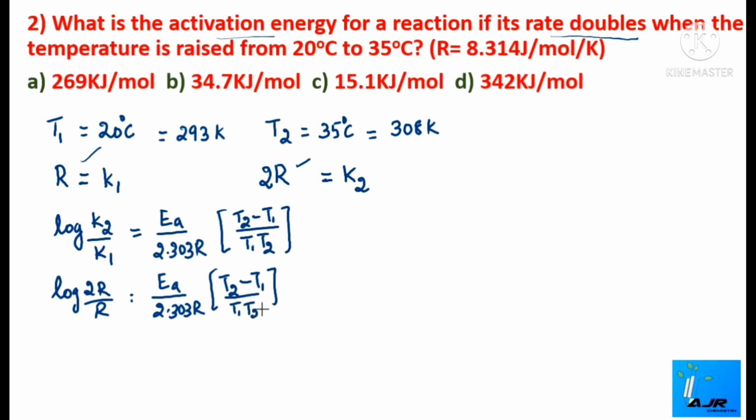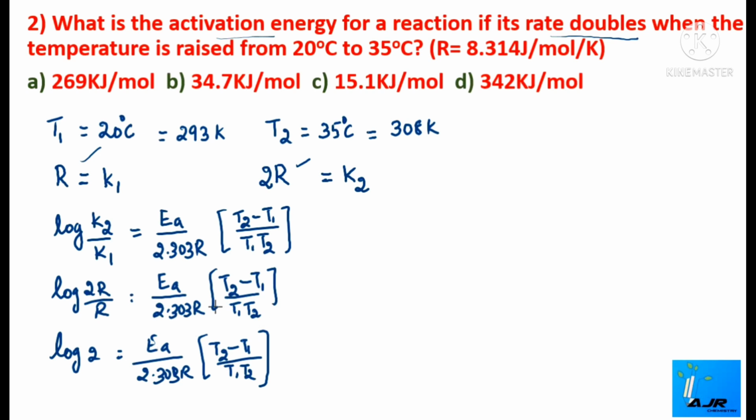Understood? Simplifying, this becomes log 2 is equal to EA by 2.303 R into (T2 minus T1) by T1 T2. Now we are going to substitute all the values.